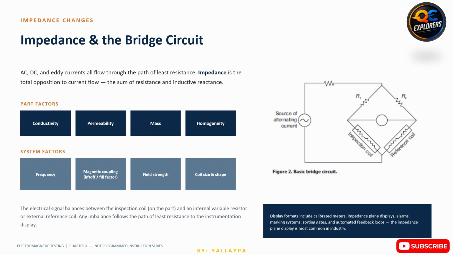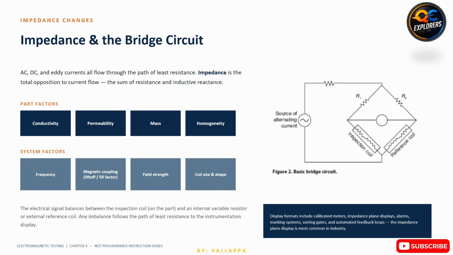Modern instruments can present these signals in several ways, including calibrated meters, alarms, automated sorting systems, and most commonly, the impedance plane display. This display allows inspectors to evaluate both signal amplitude and phase, helping distinguish defects from normal material variations.